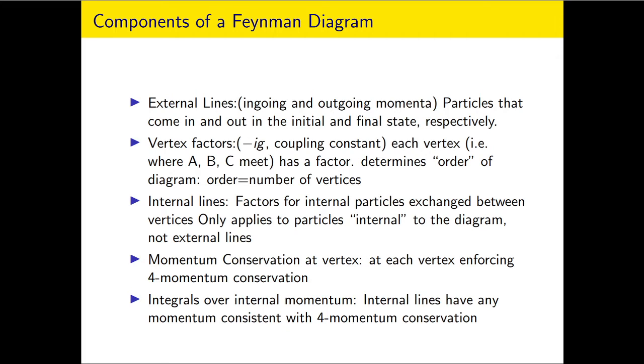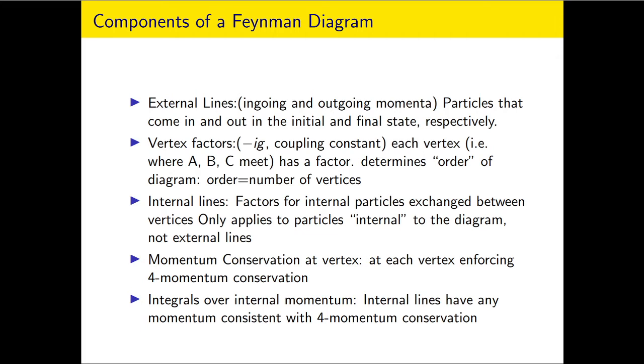Now we will see ABC, which is the single order function, and we will also look into the two vertex function, which is the higher order functions. Internal lines: factors for internal particles exchanged between vertices only apply to particles internal to the diagram. I will show you what an internal line is in the next slide.